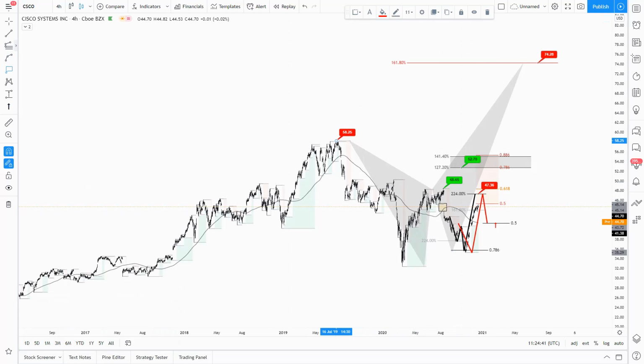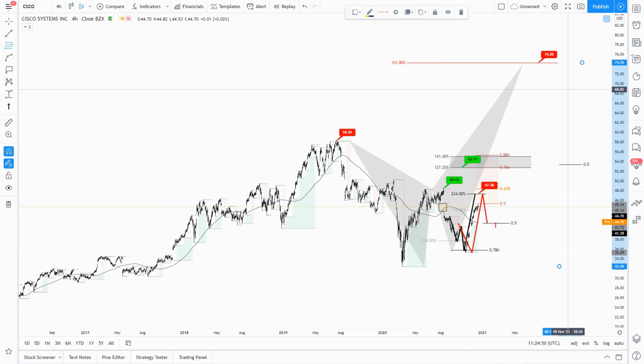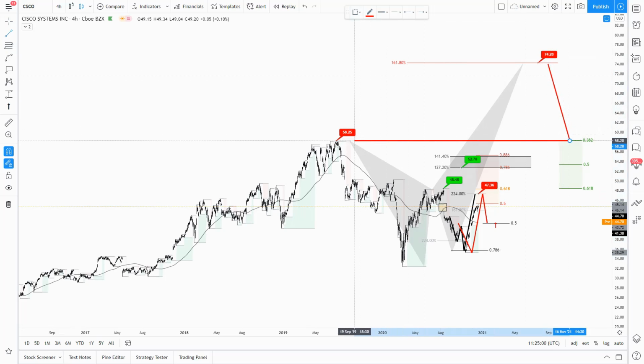This is the crab pattern as projected before for Adobe, Activision, Apple and Amazon. The crab pattern may offer a retracement later, 38% fib, and again, as you can see, golden Fibonacci extension, 38% Fibonacci as default target, previous structure resistance turned into a support.